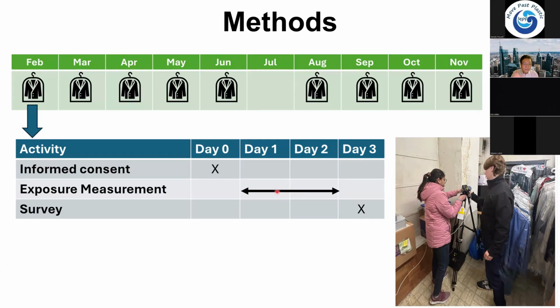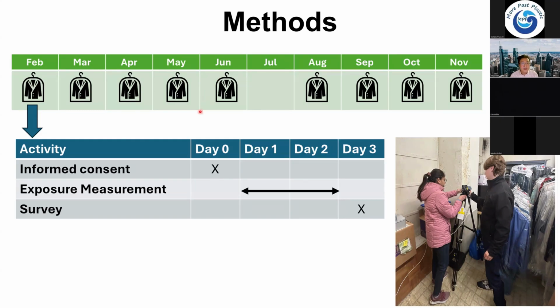Our sampling was conducted from the beginning of their workdays to the end of the workdays for 2 days. And then on the third day, we revisited each dry cleaner, took down these air samplers, and administered questionnaires about their demographic information, shop information, and other work practices.